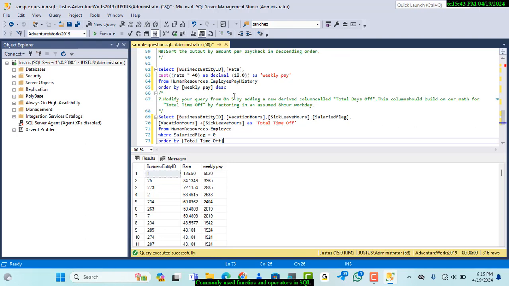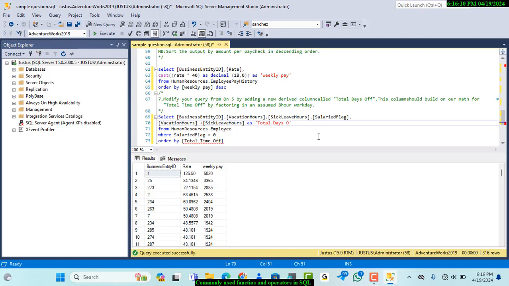Okay, so because I'm modifying it, this column should build on our math for the total time off by factoring in an assumed 8-hour workday. So I'm going to remove this one and replace it with total days off.